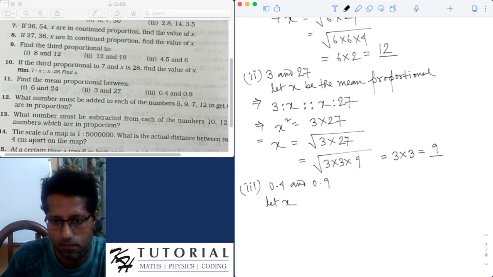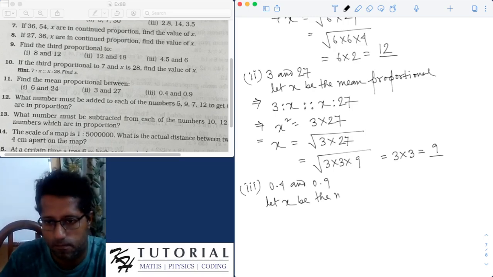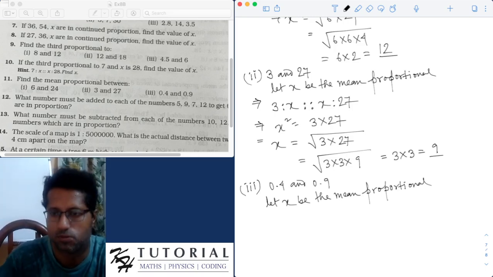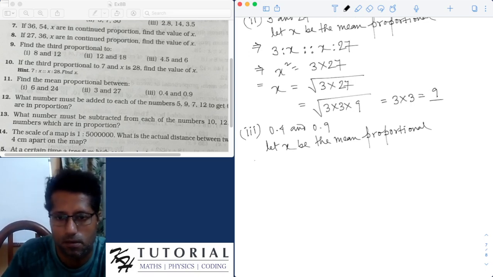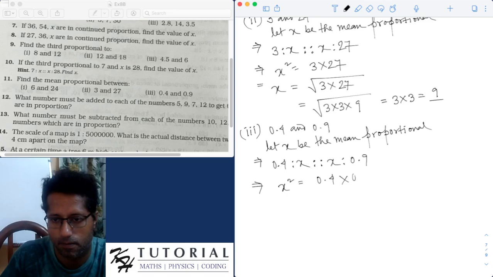So let x be the mean proportional. This implies 0.4 is to x will be equal to x is to 0.9, and using the formula b square equals ac, we get x square equals 0.4 multiplied by 0.9.